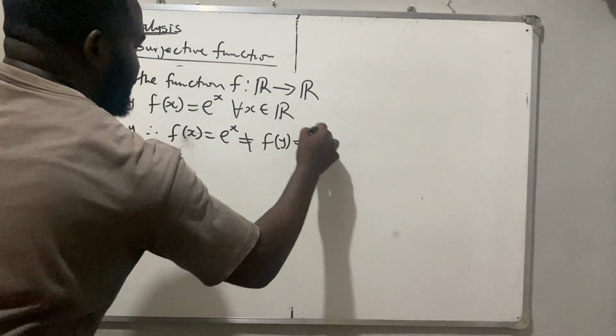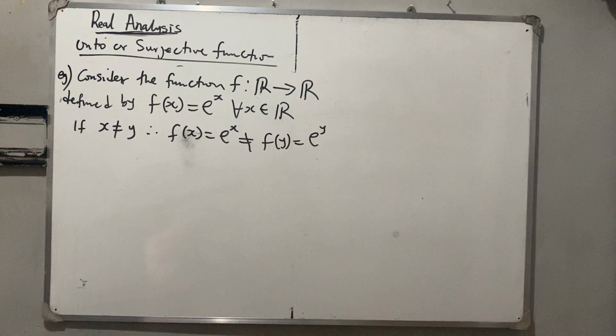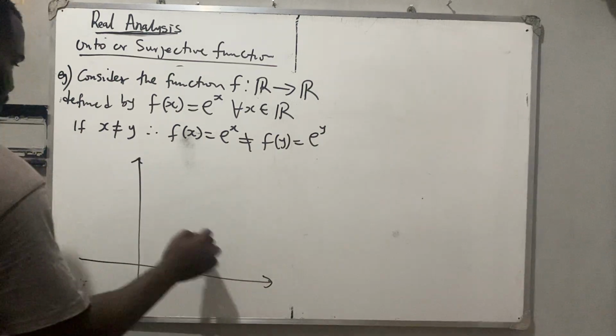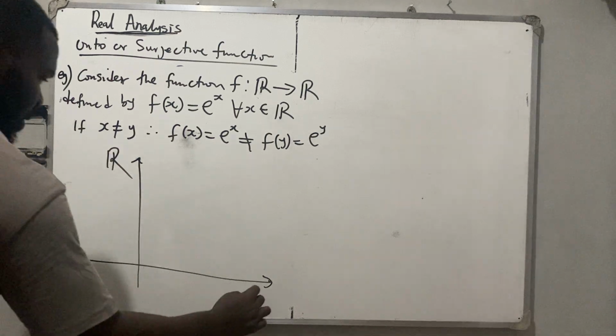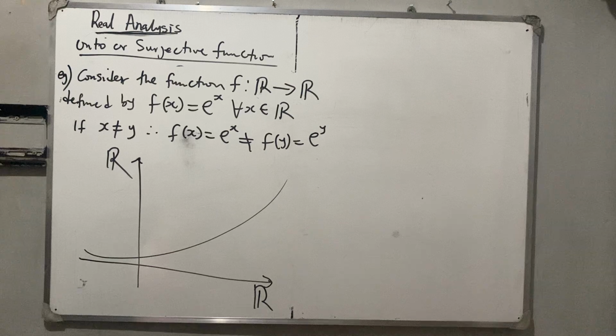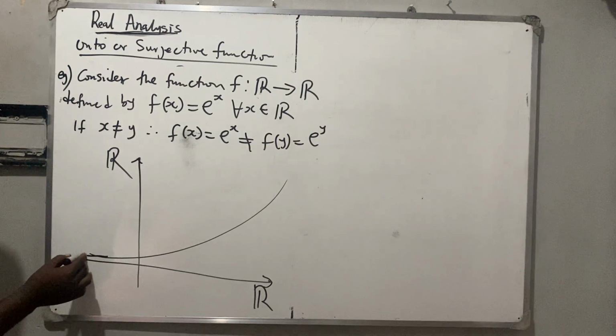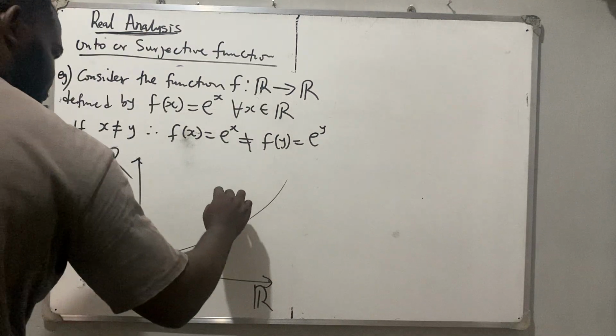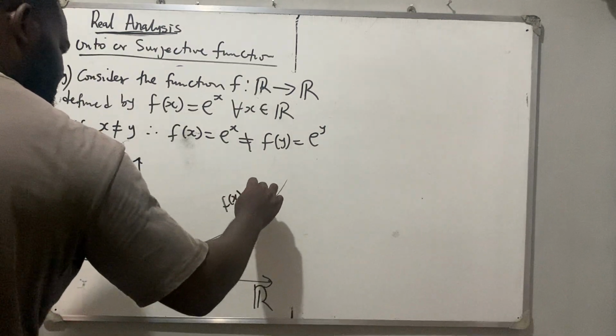It's not possible. Check it out. Okay, even if you draw the graph, this is your R to R, this is R to R. The graph will look like this, exponential. It will move up to infinity. So this is the graph of f of x, which is equal to exponential x.